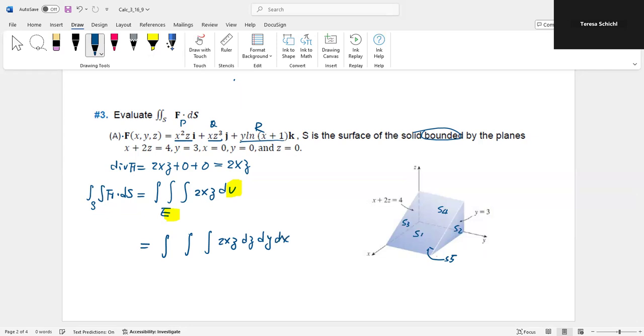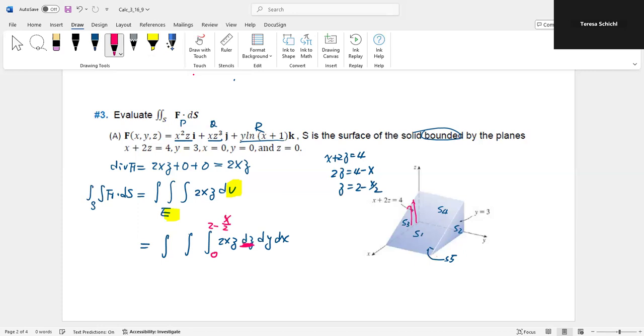For the bounds, I know that x plus 2z equals 4, so 2z equals 4 minus x, and z is 2 minus x over 2. So z goes from 0 all the way to 2 minus x over 2.